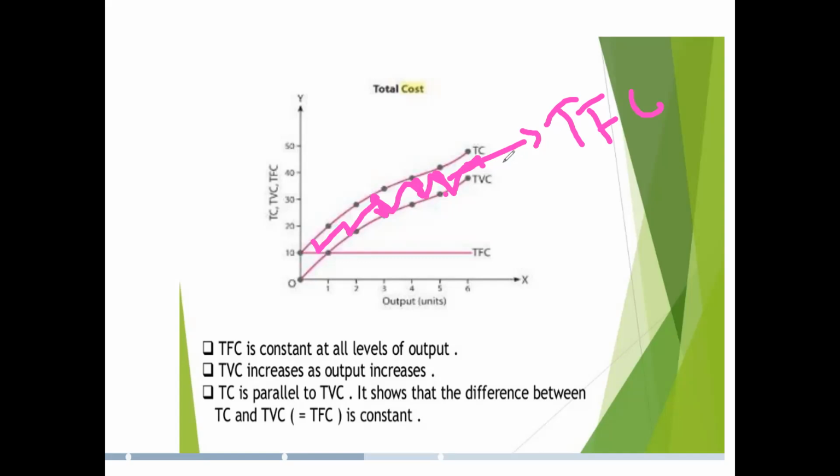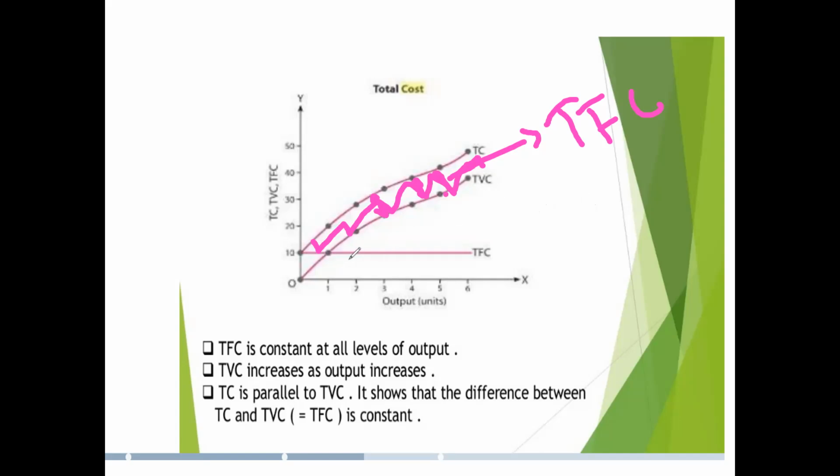So therefore, the gap between TC and TVC holds a constant value. The gap is equal, and the curves lie parallel.